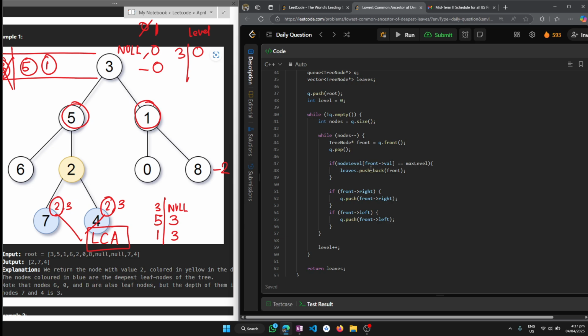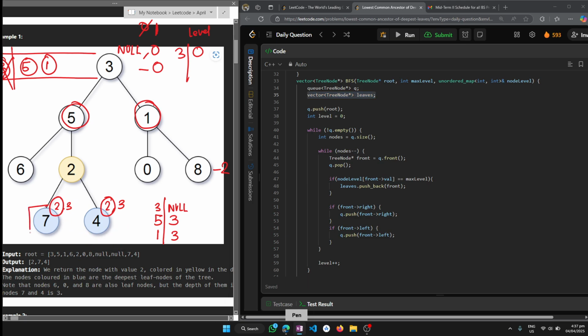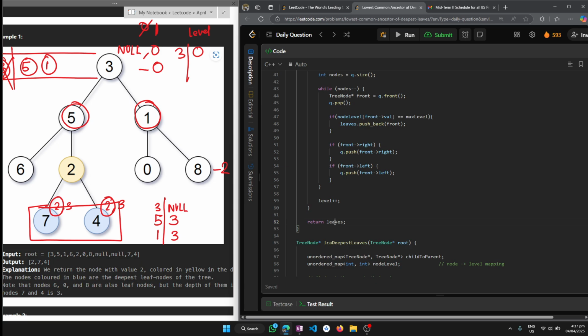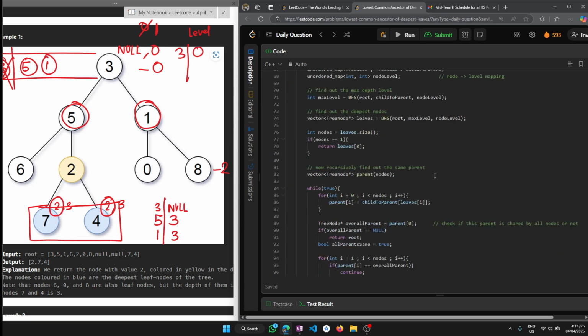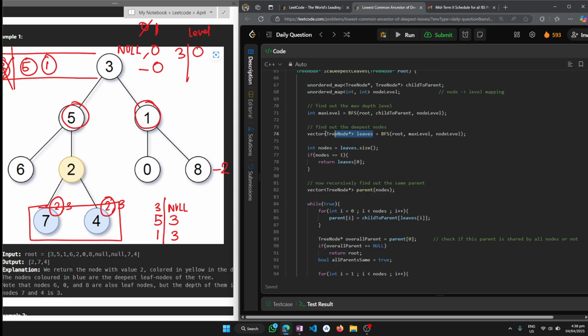I'm just checking if the node which I'm currently processing in the queue is associated with the deepest level that I have. If it is, I will push it in the vector which I have made over here. Okay. And so thereby, you can very clearly understand that these two nodes 7 and 4 are going to be in the leaves array, and I'm going to return the leaves array from here. Okay, and obviously since I return it, I'm going to capture it over here.